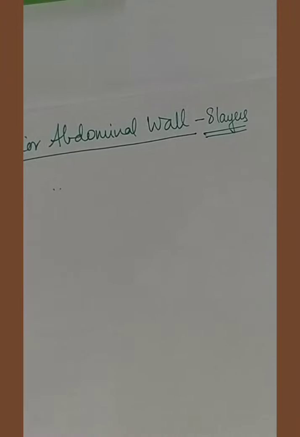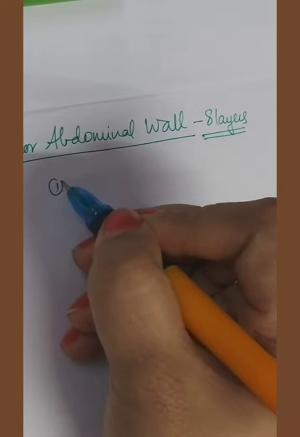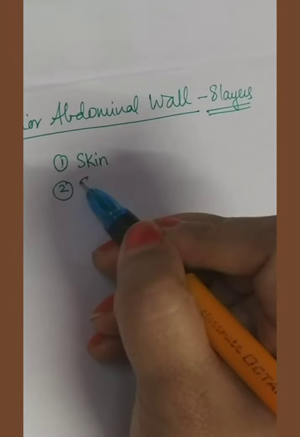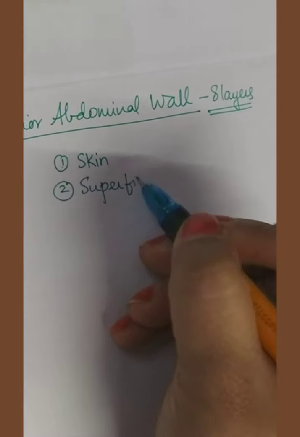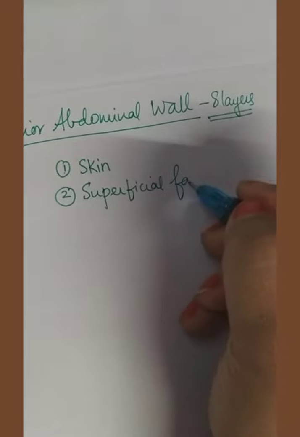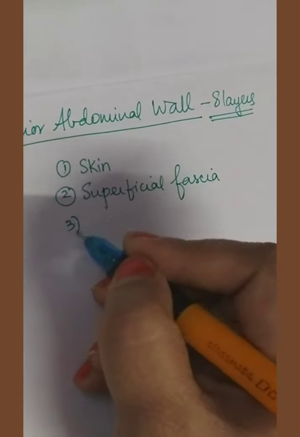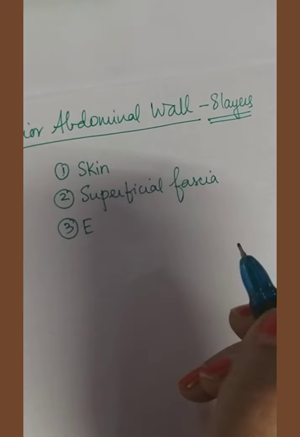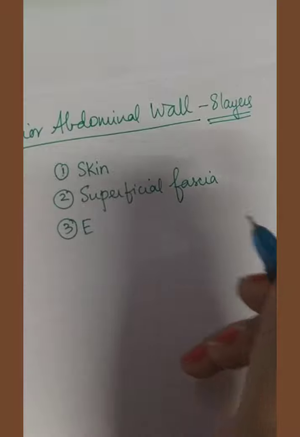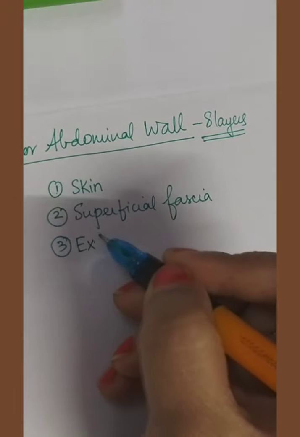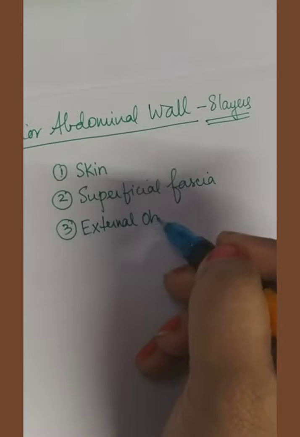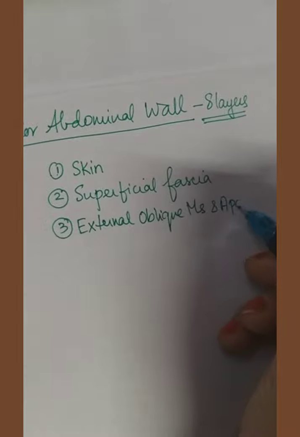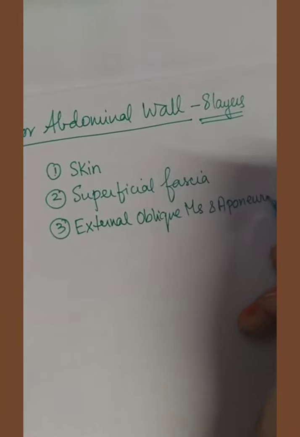From outside inwards, the first is the skin, then the superficial fascia, and the third, fourth and fifth are the 3 flat muscles and their aponeuroses. The third is the external oblique muscle and its aponeurosis.